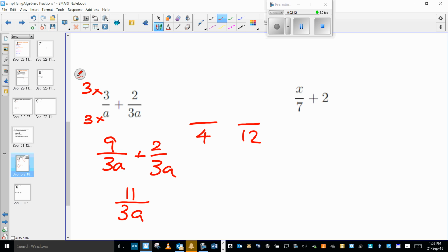So I would keep them as both 12, and all I would have to do is multiply that one by 3. It's the same kind of situation here. This is a 3a, this is an a, so I can make it the same just by multiplying it by 3. So what you want to say to yourself is, can I make this the same? How can I make them the same as each other in as few moves as possible?